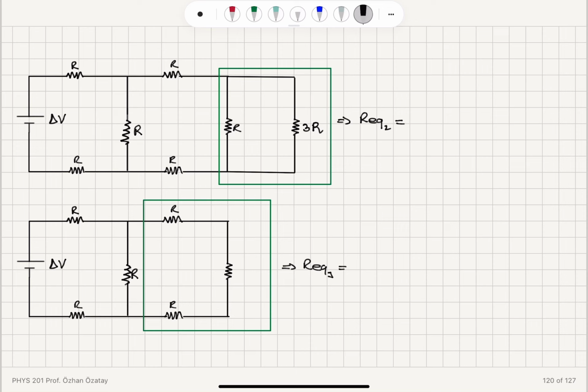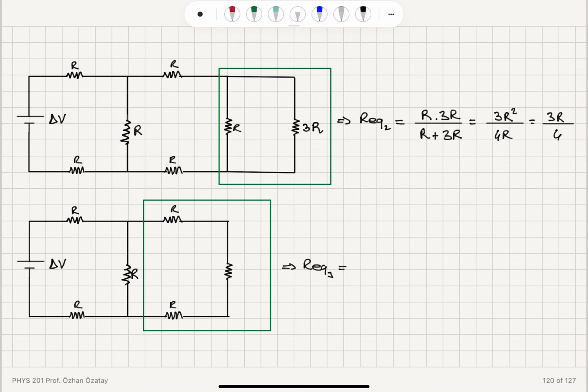The equivalent resistance will be the product of the resistances R multiplied with 3R divided by the sum of the resistances R plus 3R. So this will give us 3R squared divided by 4R, and that gives us finally 3R over 4.